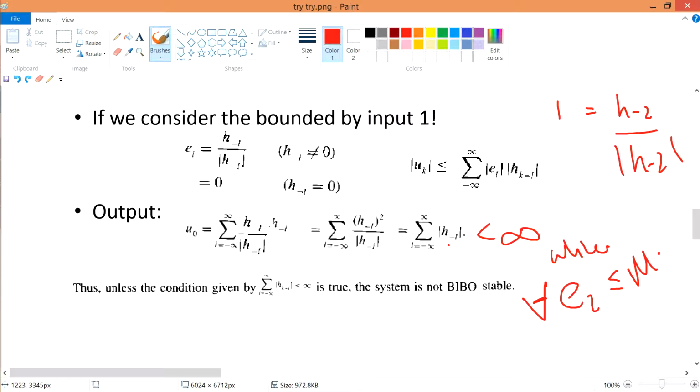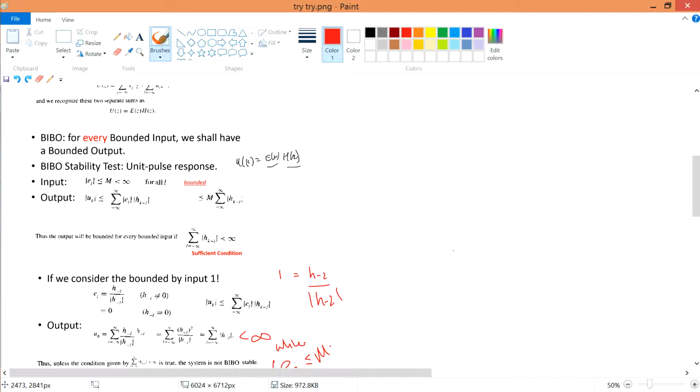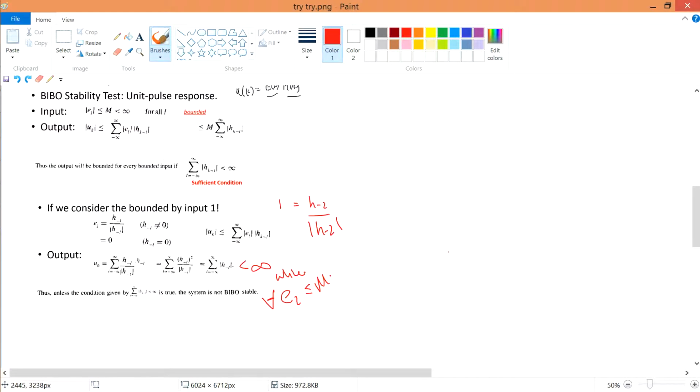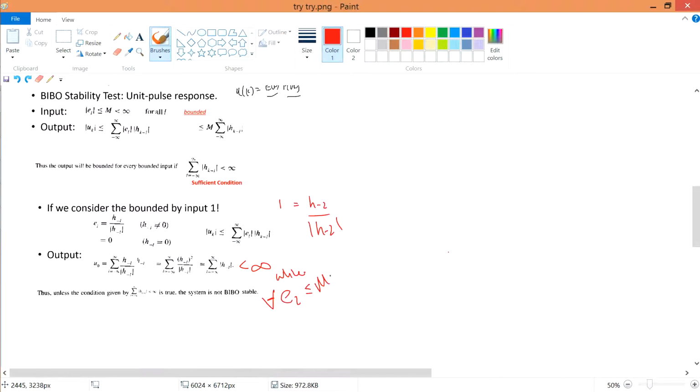In the next video we'll do an example to strengthen this. Although we haven't proved anything about bounded input, bounded output, we just wrote it in terms of initial notations. Anyway, we'll do an example to apply what we learned.